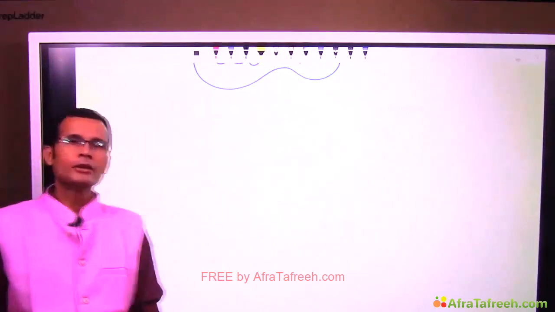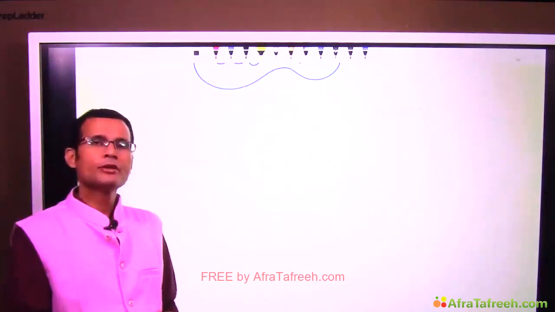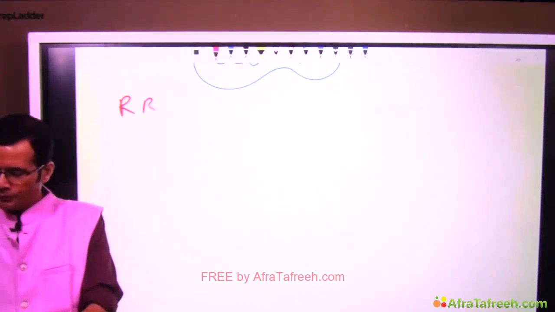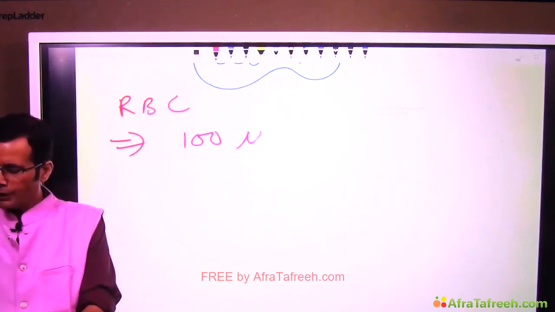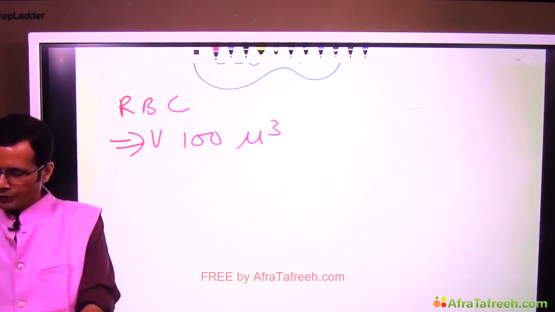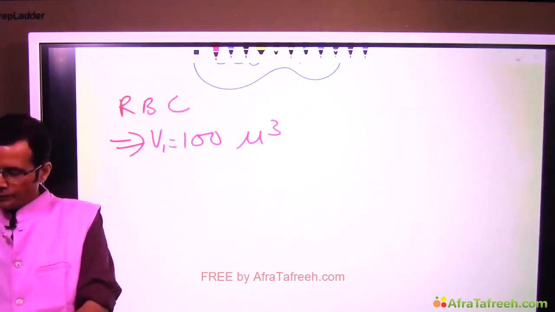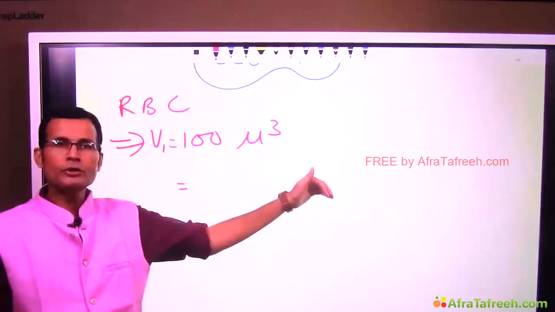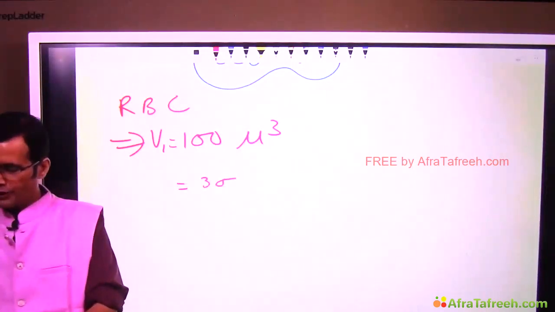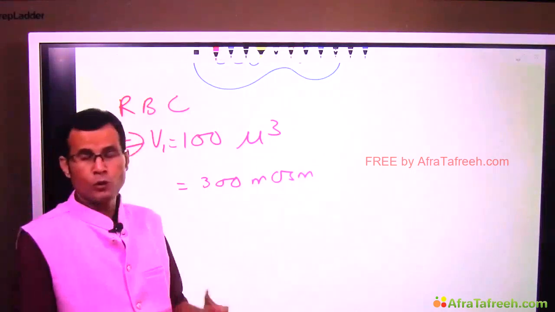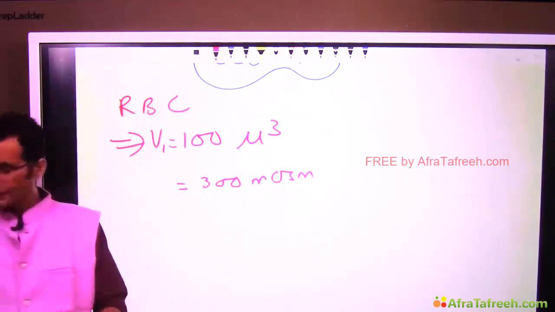Finally, I think I had asked one more MCQ at the start of this section. An RBC with an initial volume of 100 cubic microns and an intracellular tonicity, or intracellular osmolarity, of 300 milliosmoles per liter.